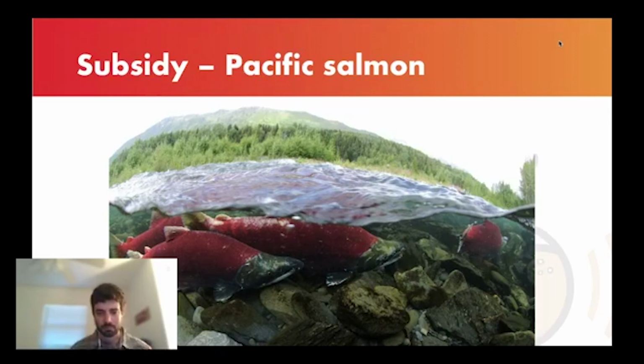But then once they become mature adults, they will migrate back into freshwater ecosystems and reproduce and die. And their rotting carcasses can represent a really important nutrient subsidy and food subsidy for the things living in the stream, such as algae, such as invertebrates. And so that's a really well-known example of a subsidy.